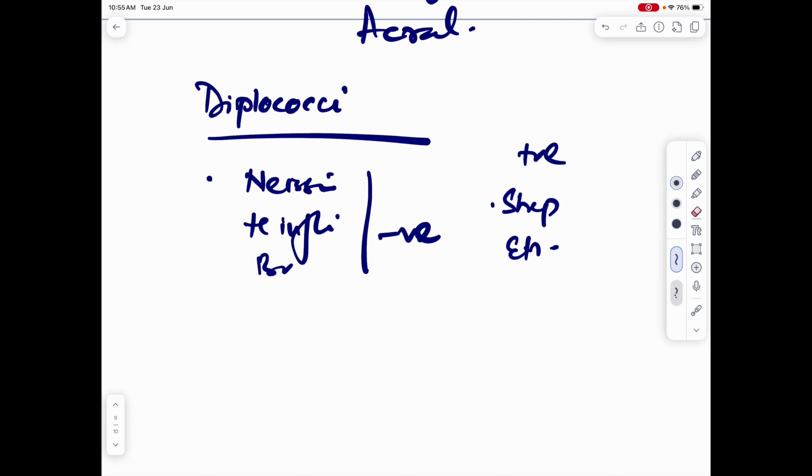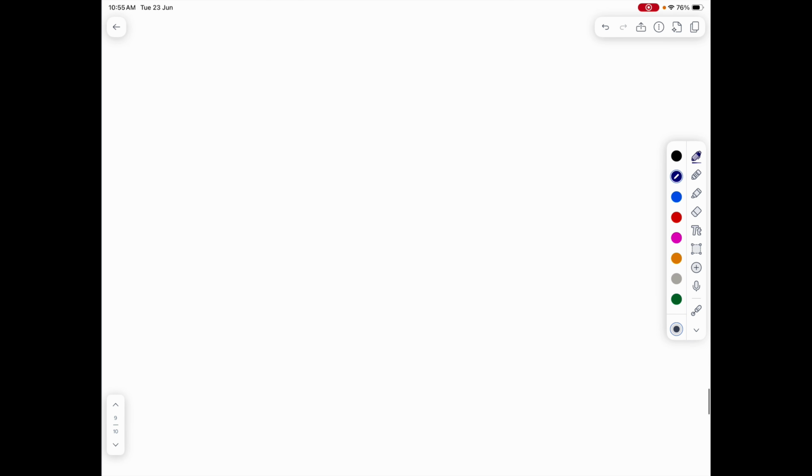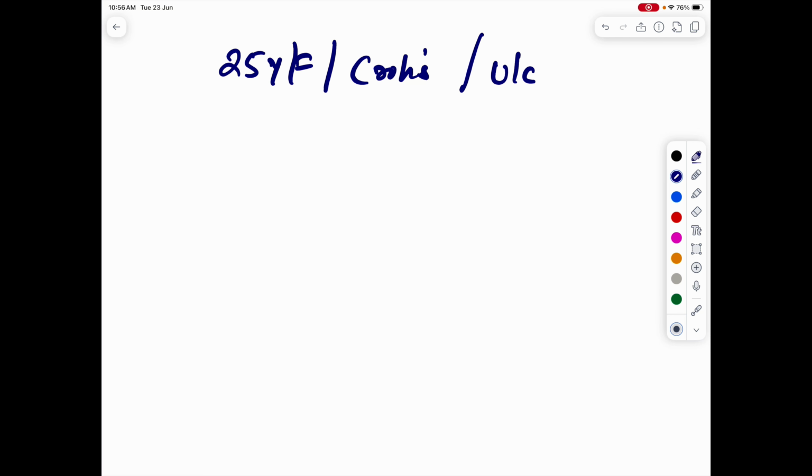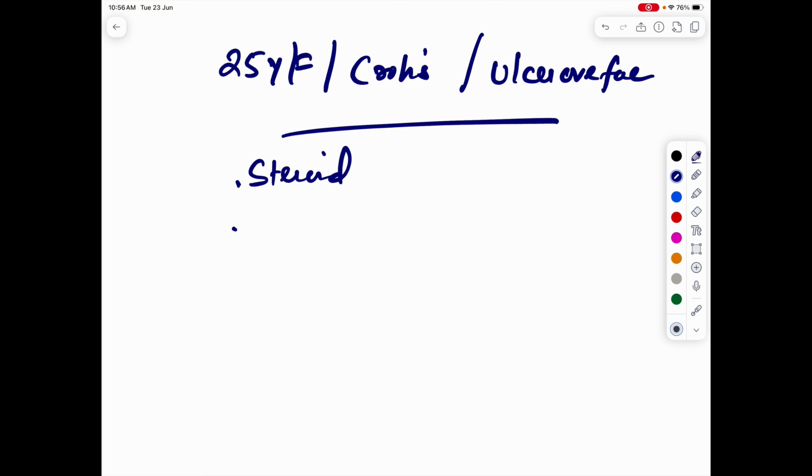So another pathology station where you can get skin lesions: a 25-year-old female having Crohn's disease and now an ulcer over the face. So it can be steroid or it can be immunocompromise.